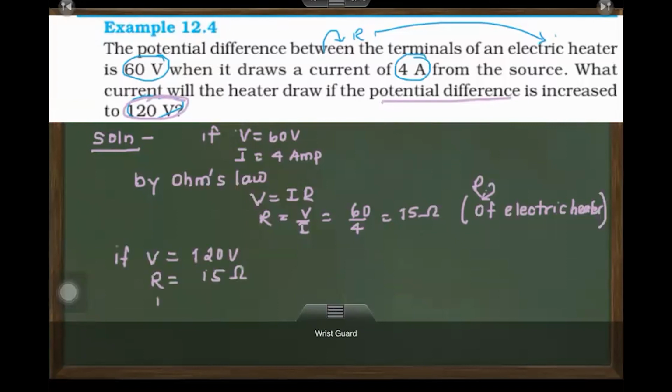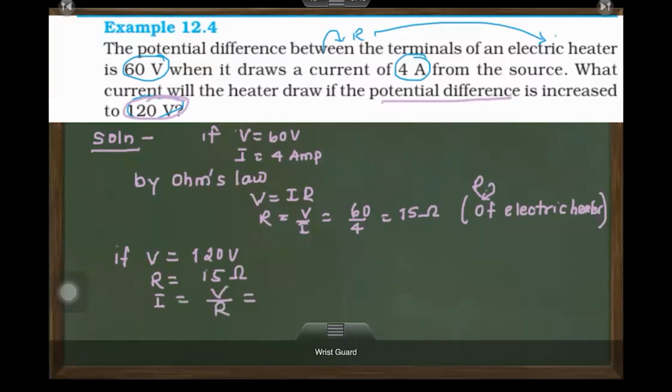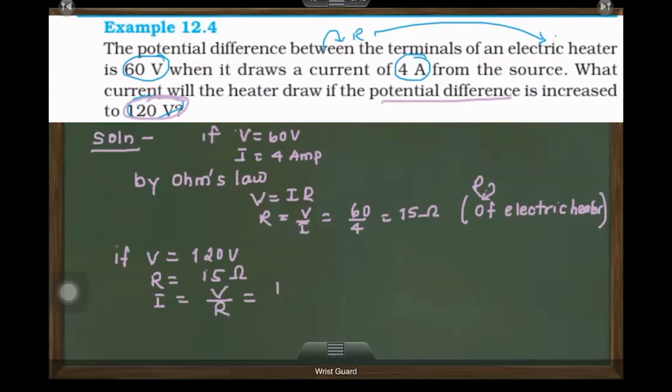Then what will be the I? I will be equal to V upon R is equal to 120 divided by 15, which is 8 ampere. This is your answer.